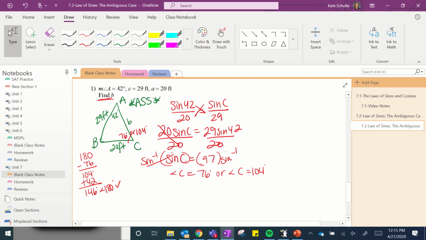If angle C is 76, then we'll have 76 plus 42, that's going to give us 118. Then we subtract that from 180, which gives us 62. So if angle C is 76, angle B is going to be 62.